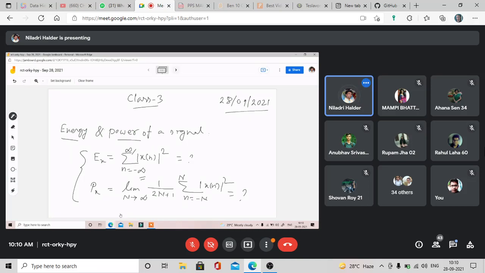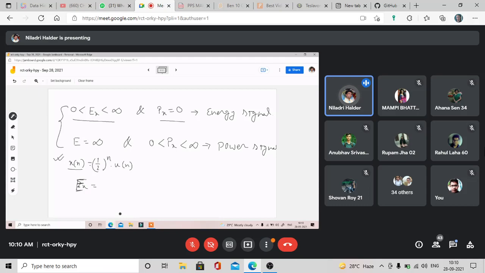Now, the value is given as half to the power n un. So un is your step signal. So obviously for the values minus infinity to minus 1, all values will be 0. So we will neglect those values and only consider the values from 0 to infinity.